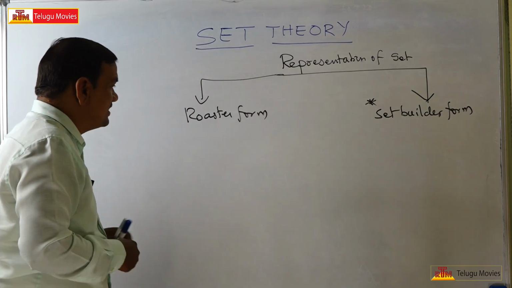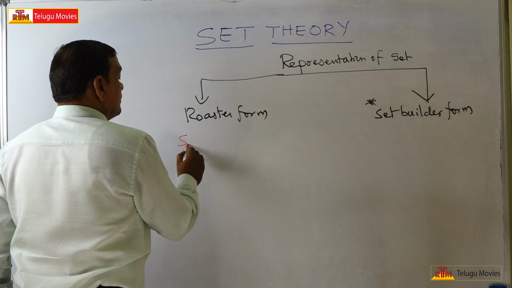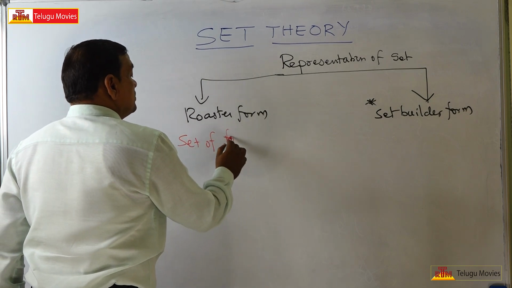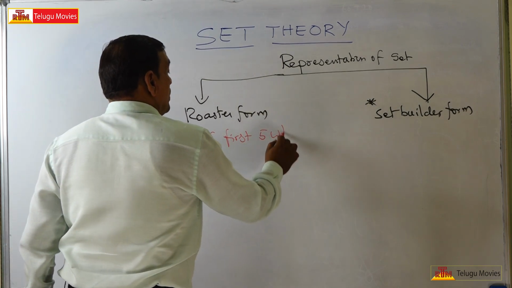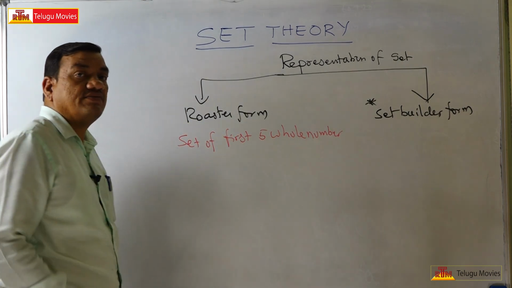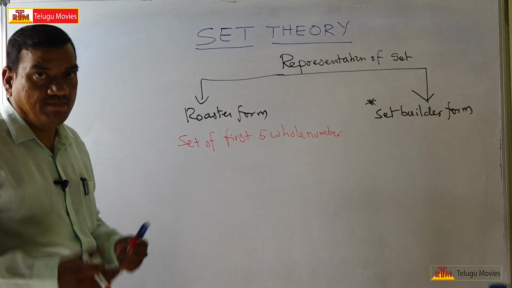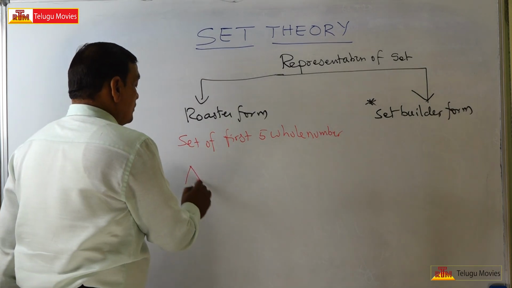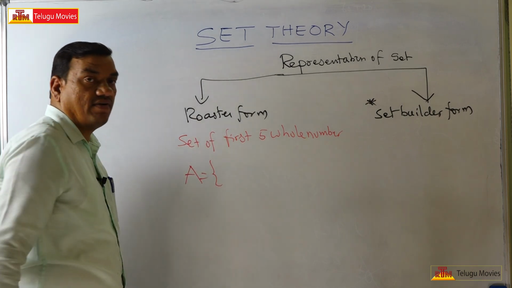For example, if I say the set of first 5 whole numbers, what does that mean? First of all, for that set you have to give a name. Let that name be A. You should start with a flower bracket.